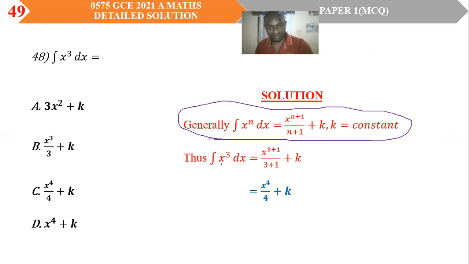Thus, the integral of x cubed dx, we notice that x cubed is a power function, will be given by x to the power 3 plus 1 over 3 plus 1. Now, 3 plus 1 is 4, x to the power 4 all over 4 plus k. So the answer is C.